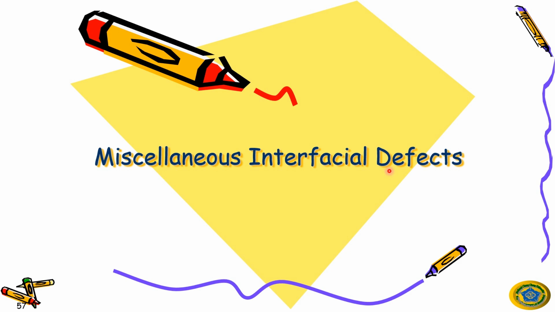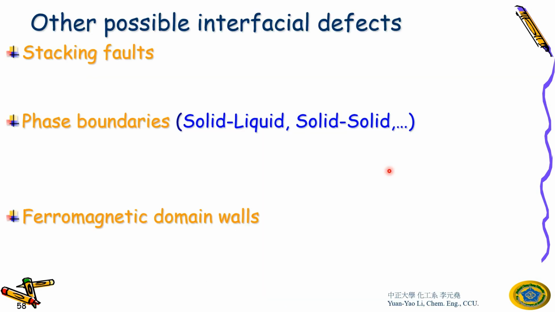Right. Others are miscellaneous interfacial defects. That's what we introduce, because we introduce grain boundaries, right? And arrays of dislocations. Okay, tilt dislocation, twin dislocation. And now other possible interfacial defects.